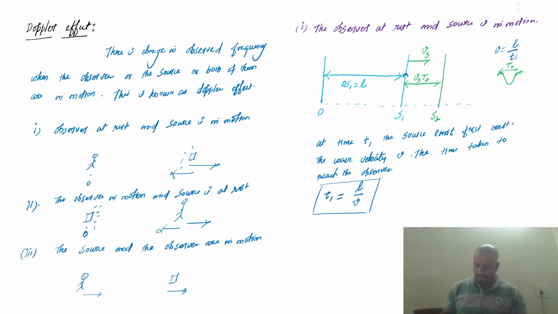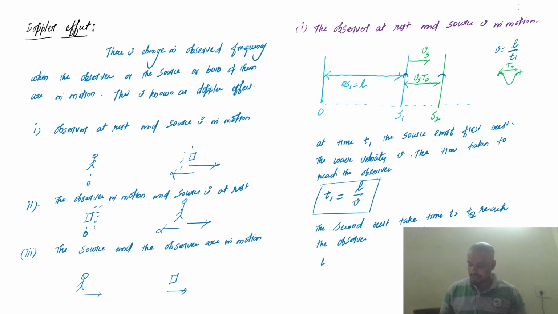So now we can ask the question, what is the time taken for the second crest? Because the second crest is produced here at this S2. What is the time for this crest to reach the observer at O1? The second crest takes time T2 to reach the observer.